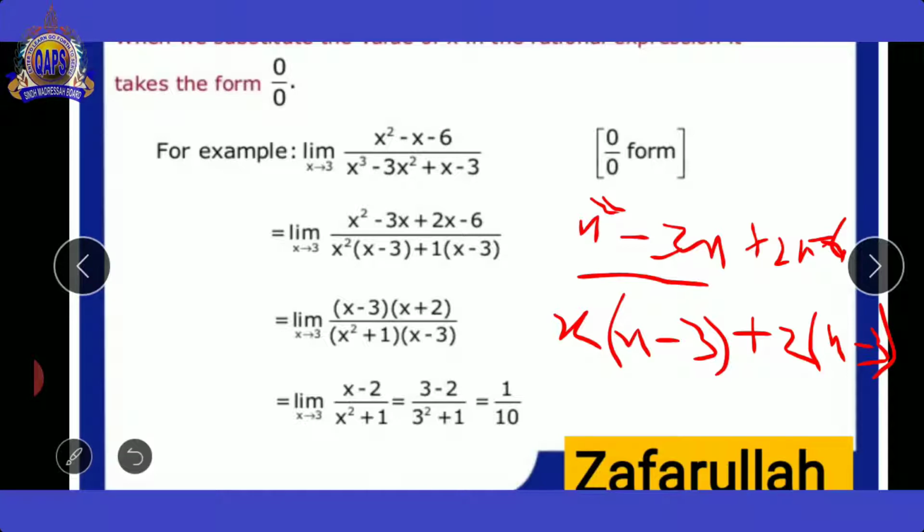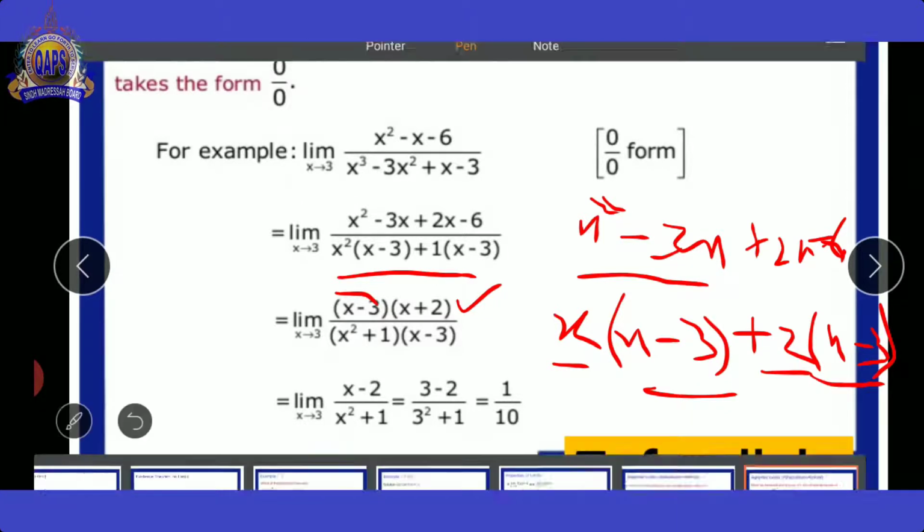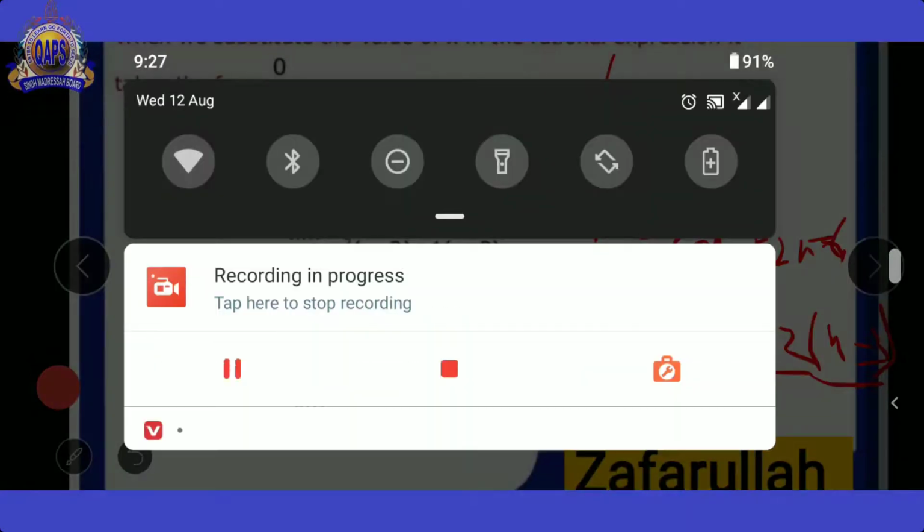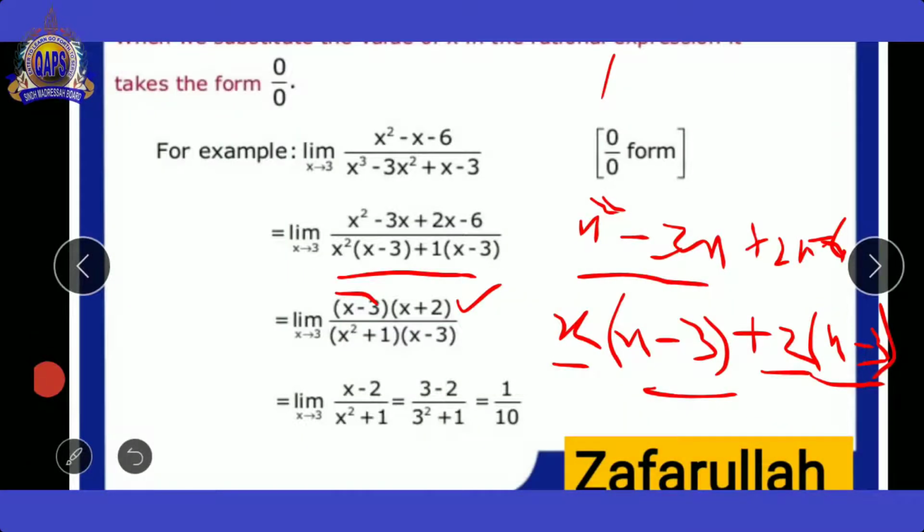So x minus 3 is common here, and x plus 2 is written in the same form. In the denominator, x minus 3 is common in both, and x square plus 1 is the same here.